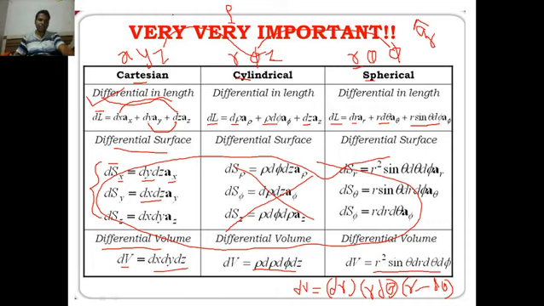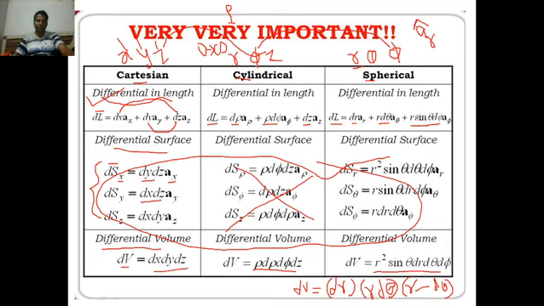What are the limits of these three coordinate systems? x can vary from minus infinity to plus infinity. Same is the case with y and z. r is nothing but the radius of the cylinder. The minimum radius can be 0 and the maximum radius can be infinity for a cylinder. So r can vary from 0 to infinity.